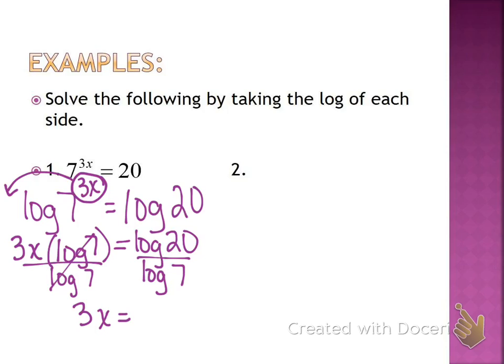Now, if you are using your calculator, technically we could put this all in at one step. Now, remember, this does not work for any of our properties because they both have a log. So we can't simplify this before we type it in. So if you type this into your calculator all at one time, you have to type in log, it usually will open parentheses for you, 20.